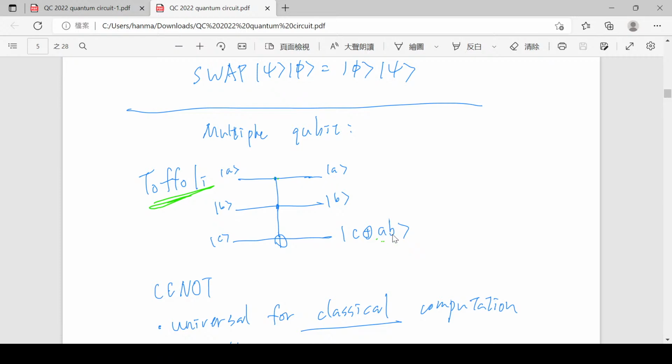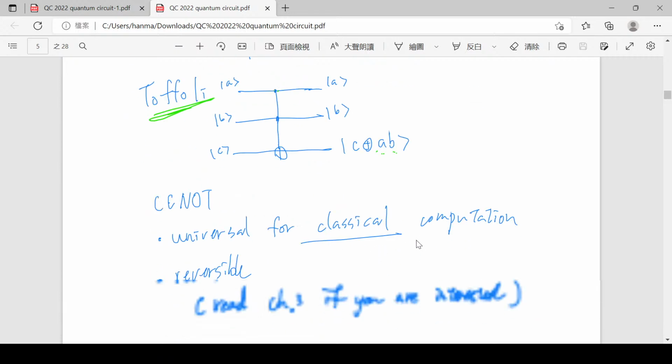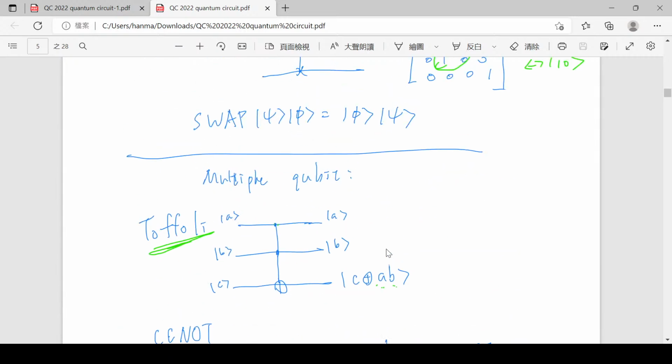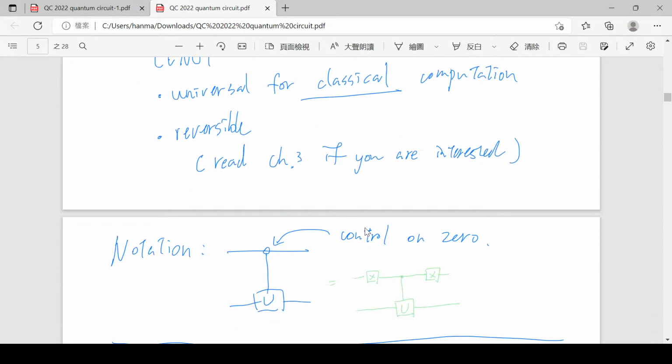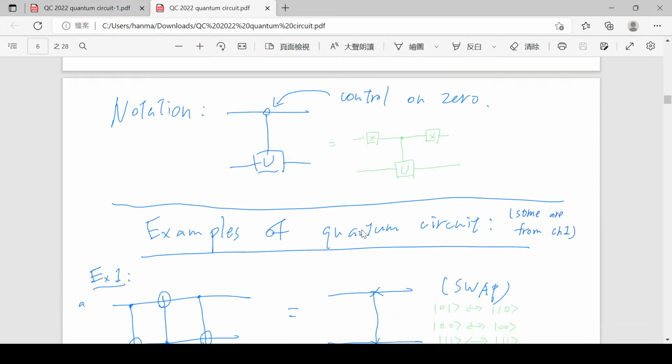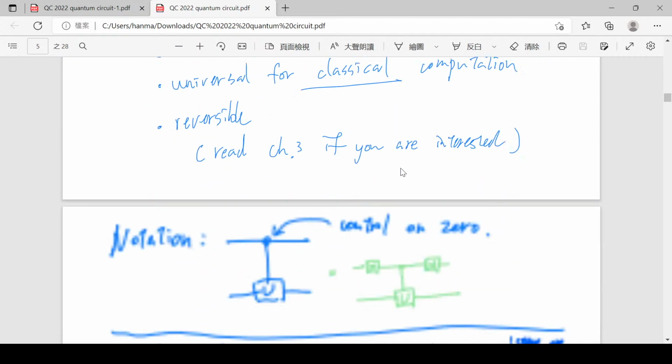So you have this A times B here, and A times B equals 1 only when A equals 1 and B equals 1. And we like to talk about it because it's reversible and universal for classical computation. So it has some theoretical use.